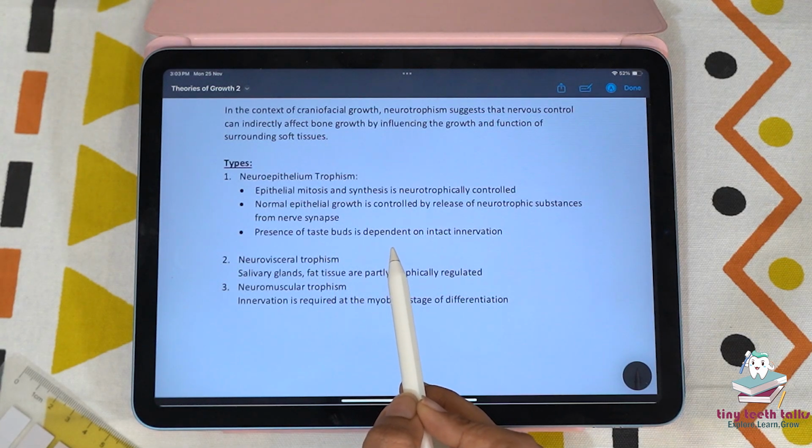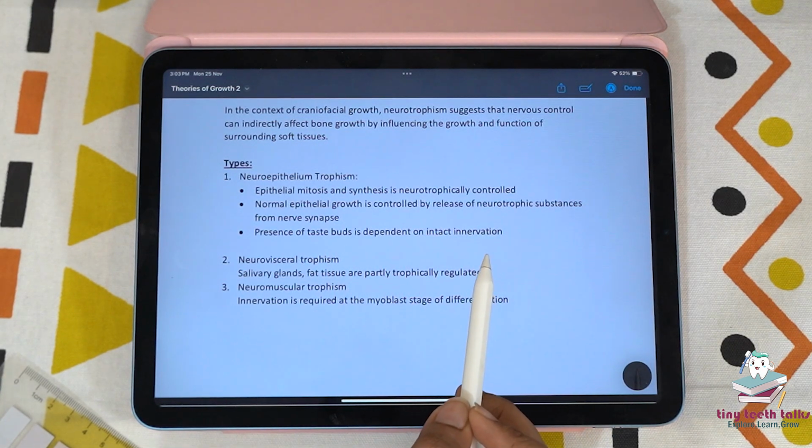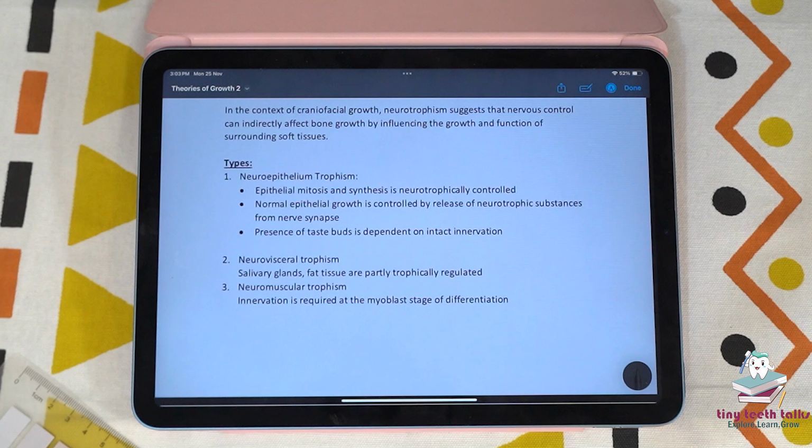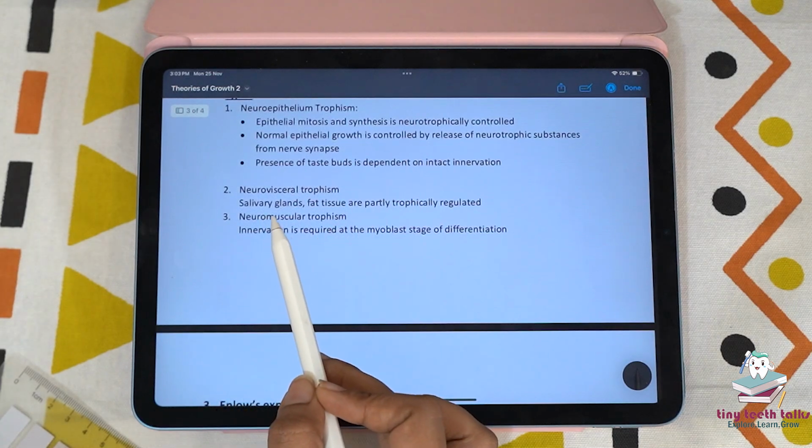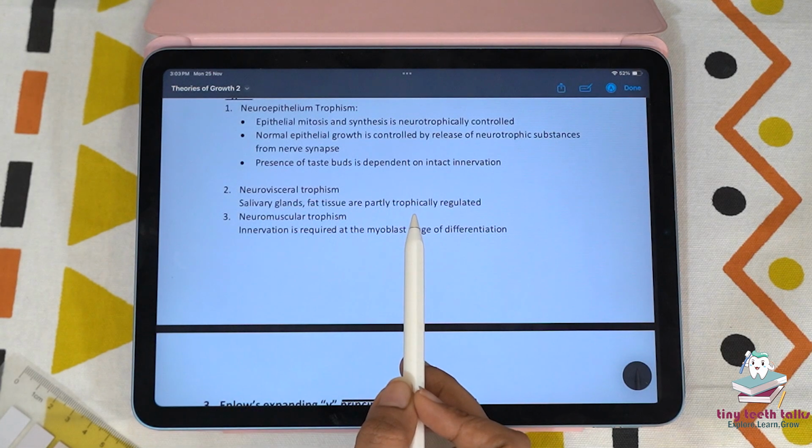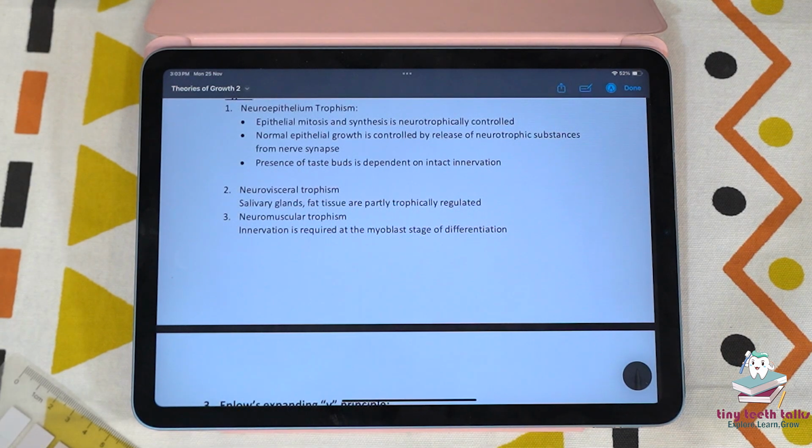Presence of taste buds is dependent on intact innervation, meaning the presence and maintenance of the taste buds depends on having intact nerve connection. Then neurovisceral trophism includes the salivary glands and fat tissues, which are partially trophically regulated, meaning the growth and function of the salivary glands and fat tissues are partially controlled by the nerve derived substance.